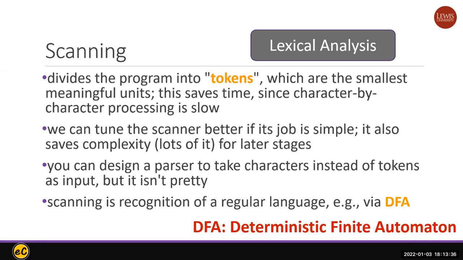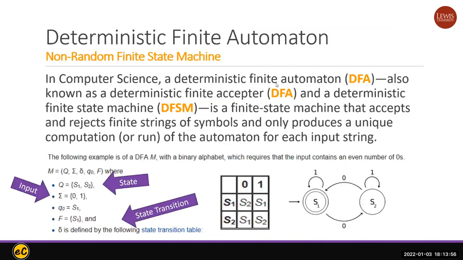Usually the scanner stage uses regular languages or DFA, deterministic finite automata. We'll talk about this later, but just remember the main purpose of the first stage is to break your program into tokens, the smallest meaningful units.